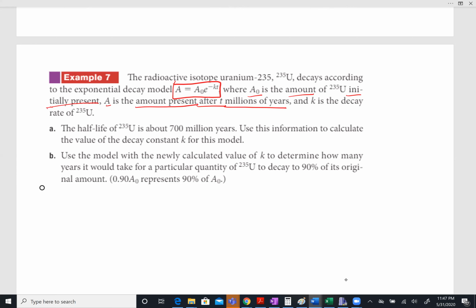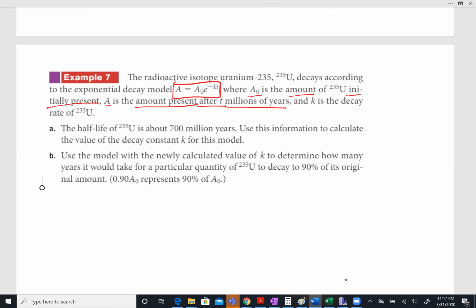All right. So in problem a, the half-life of uranium-235 is about 700 million years. Use this information to calculate the value of the decay constant for this model.